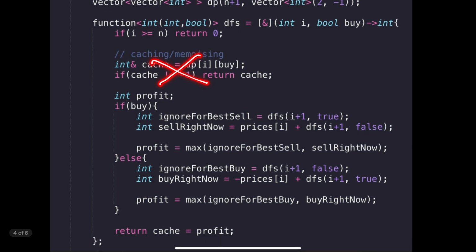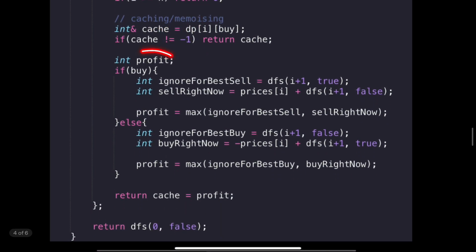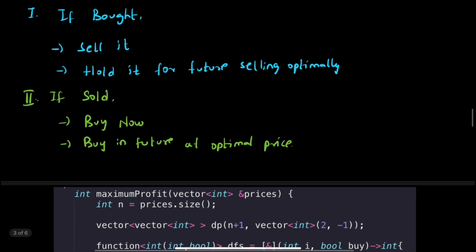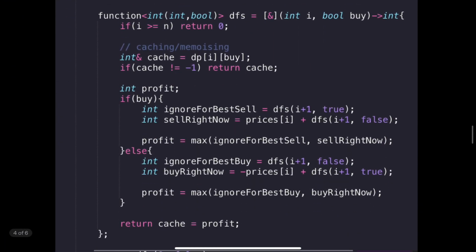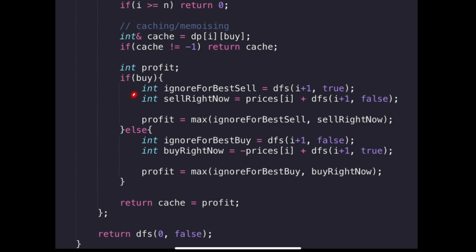Ignore this stuff for right now. So I created a variable profit. Now if the stock has already been bought, then as we discussed, we have two options, that is either sell it or hold it for future selling optimally, right? So here, for the ignore case, we are ignoring it.